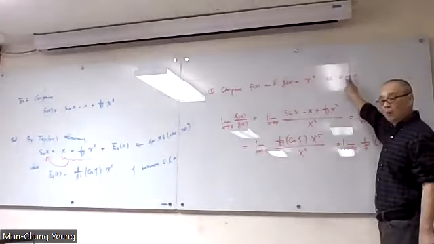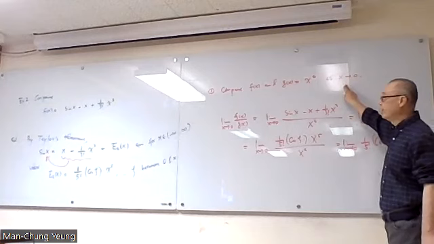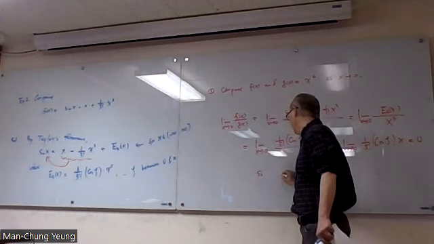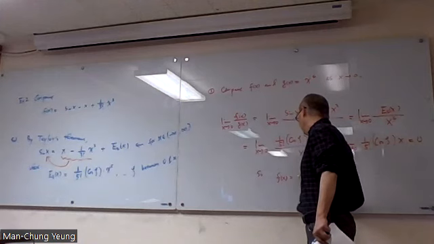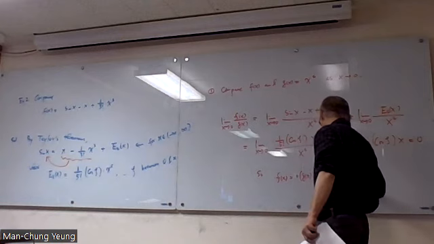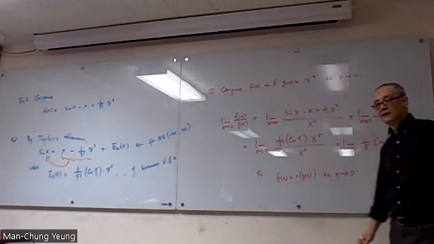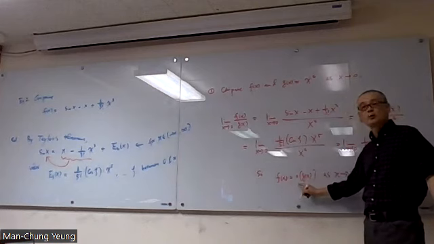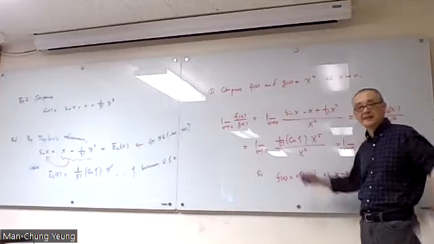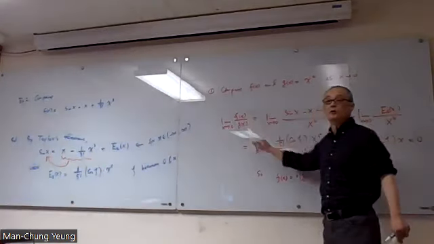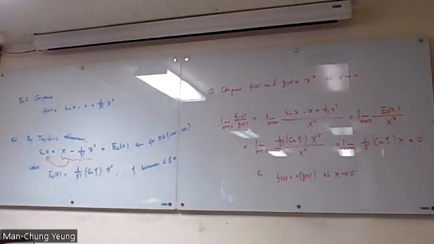As x approaches 0. So in a neighborhood of 0, f is little o of g, as x approaches 0. When x is small, function f is much smaller than function g in absolute value because the ratio approaches 0.